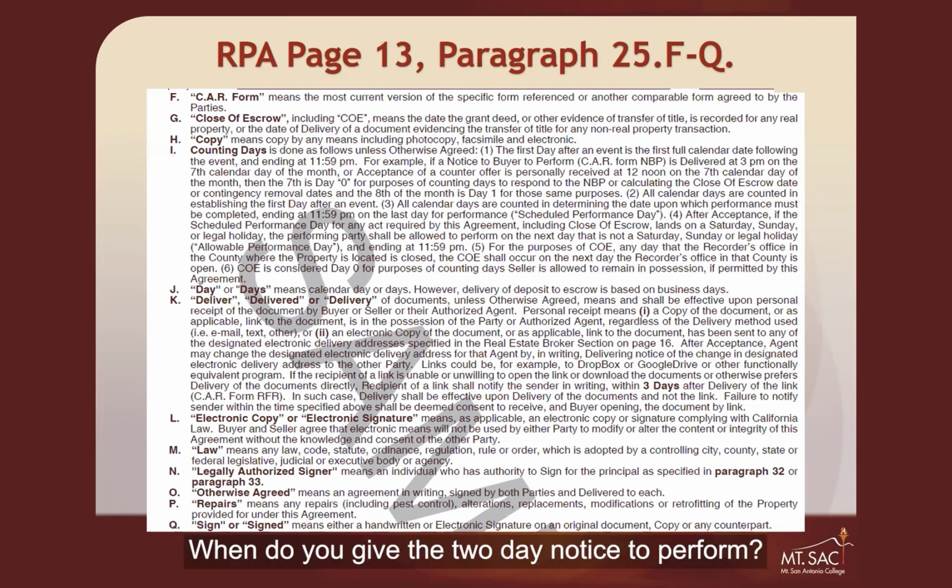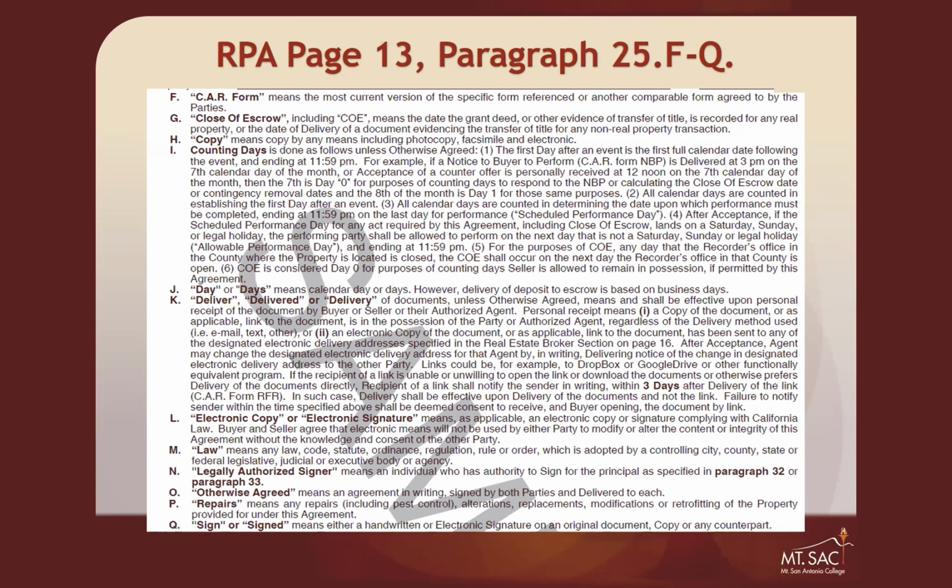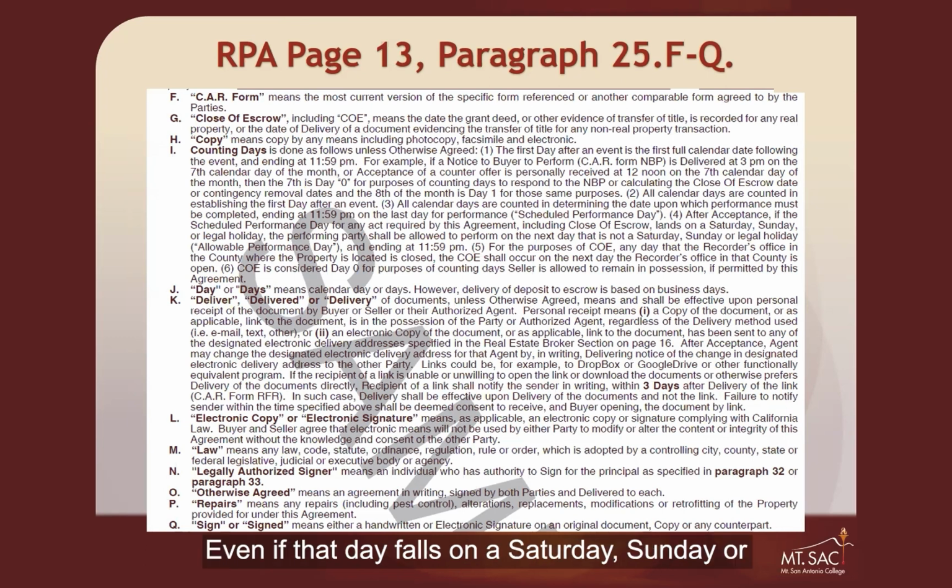When do you give the 2-day notice to perform? You give it 2 days in front of the scheduled performance day. That makes it a whole lot easier. So it's 2 days before the 7th day or 2 days before the 17th day, even if that day falls on a Saturday, Sunday, or holiday. Okay, you don't go from the allowable performance day. Hopefully I didn't make this more confusing than it already is, all right?